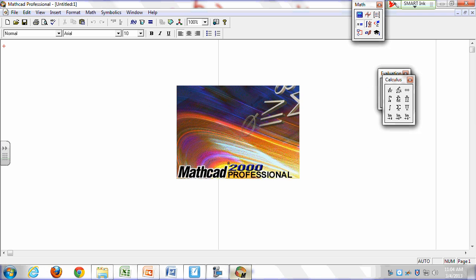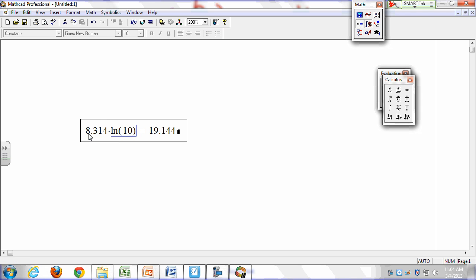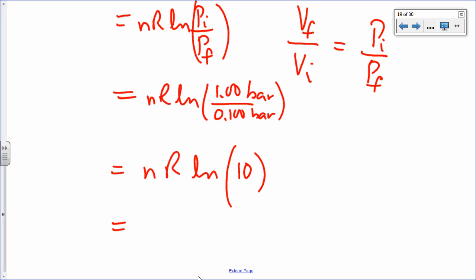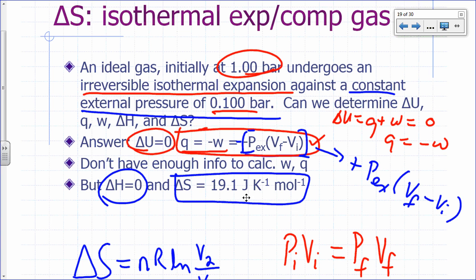It's got to be 19.1. That's the answer I gave, right? 8.314 times ln of 10 equals 19.1. So that's n times 19.1 joules per Kelvin per mole. I still don't know the actual answer because I don't know how many moles of gas I have, right? So that's why I just gave you the answer on a per mole basis.